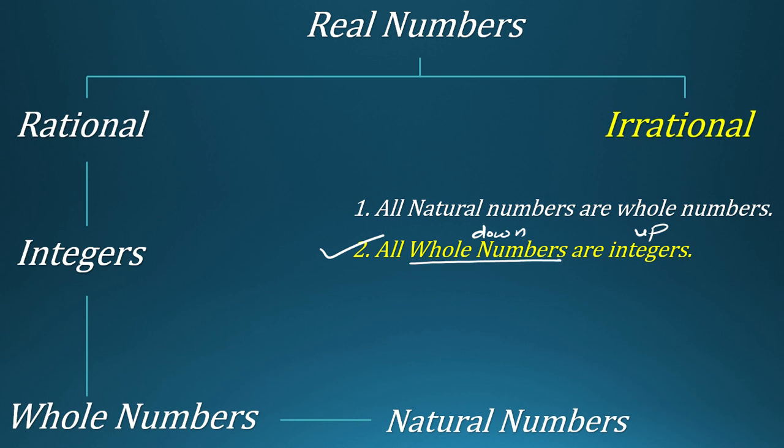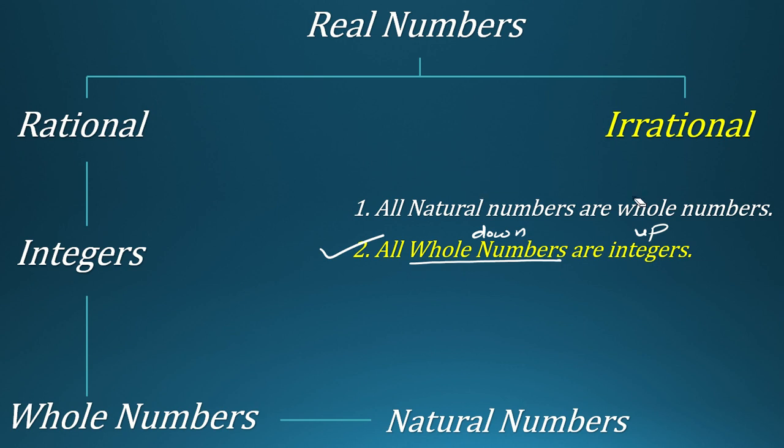Okay? Now, but its converse will not be true, my dear students. Remember this thing. For the first, if I say all whole numbers are natural numbers, then it will be wrong. Because whole number means you can take 0 also. 0 is a whole number, but 0 is not a natural number. Okay? So reverse will not be correct.